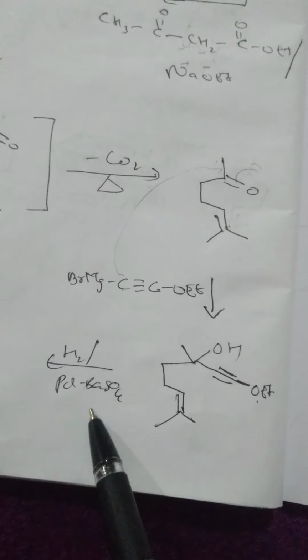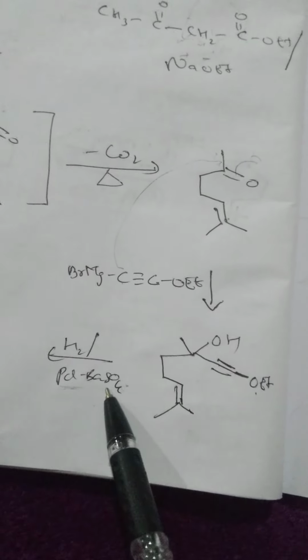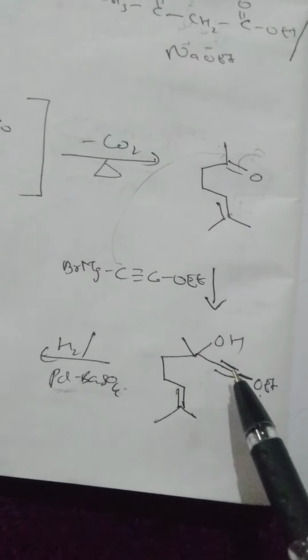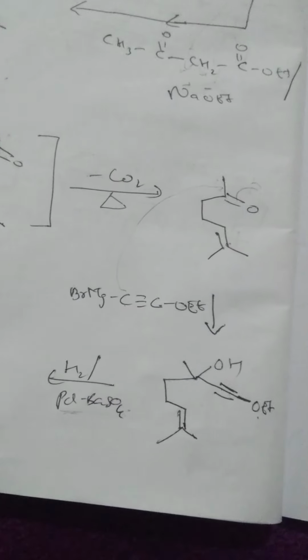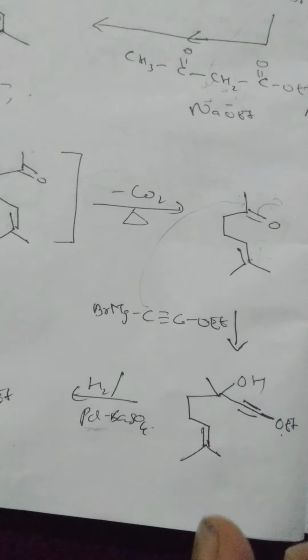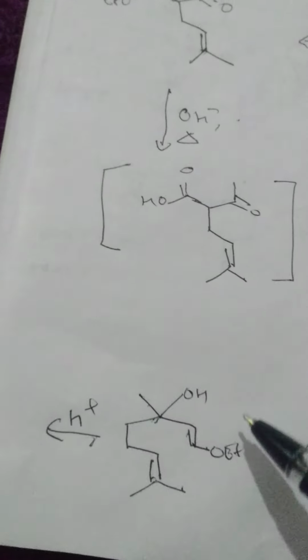Now again very important, okay, you are using Lindlar's catalyst. BaSO4 is a poisoning reagent. It will not touch the alkene, it will touch only and only the alkyne, and that addition of hydrogen will be cis addition. So from the same side both hydrogens will get added, and that's what is happening.